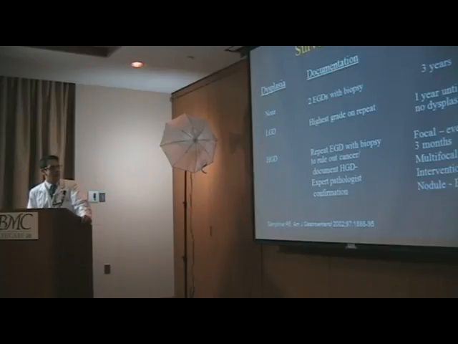So this is put out by our society, the American Journal of Gastroenterology. These are our guidelines. If you have a patient who has Barrett's but has no dysplasia, they should have at least 2 endoscopies that document they have no dysplasia, and then they can be surveyed every 3 years.